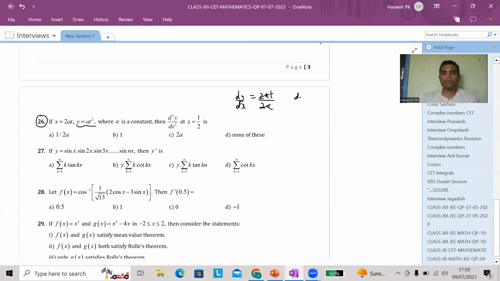Now d square y by dx square is derivative of t, which is 1 into dt by dx. And dt by dx, we figured out dx by dt is 2a, so dt by dx will be 1 by 2a. We're just using chain rule. So the answer is 1 by 2a.